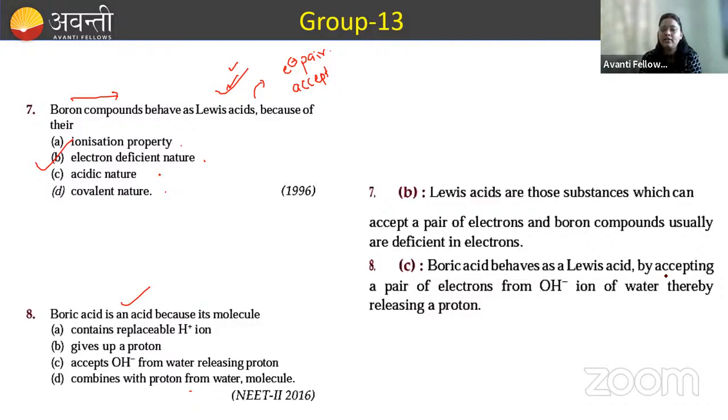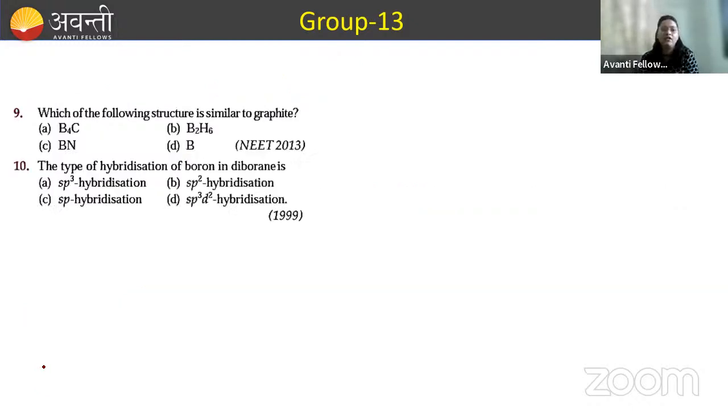So boric acid accepts a pair of electrons from the OH minus ion of water, and thereby it releases a proton. So option C is the correct answer. Boric acid accepts electrons from OH minus and releases protons in water. Okay, that is why it is a good acid.